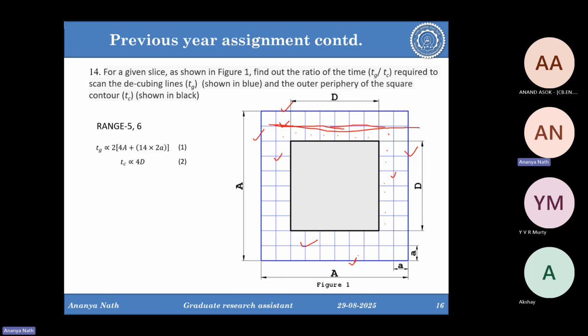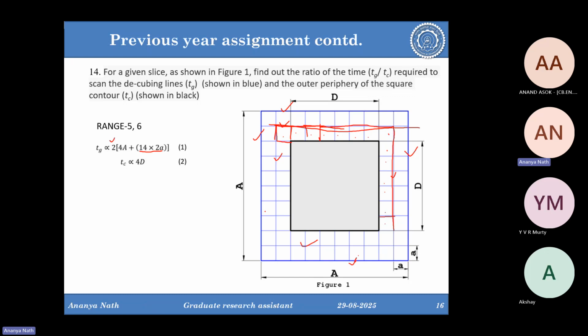In these 14 lines, from here to here, we have 2A, 1 and then 2, 1 and then 2, 1 and 2. So 14 into 2A. This is for one side. So obviously for another side, into 2.